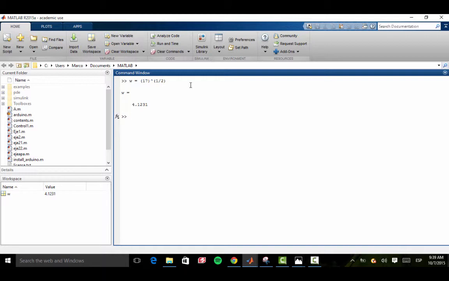After this, we calculate sigma. It's going to be s equals 1 divided by the root of 17 that we just calculated. So we're going to put w.